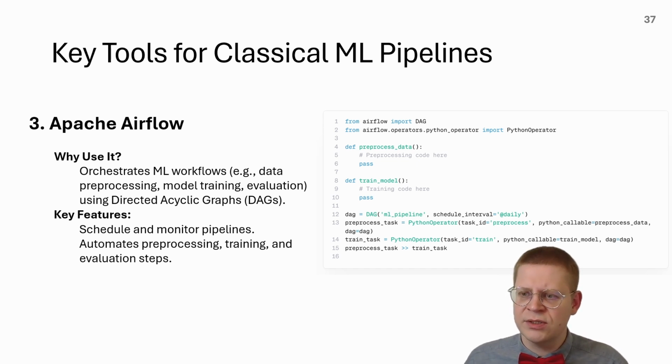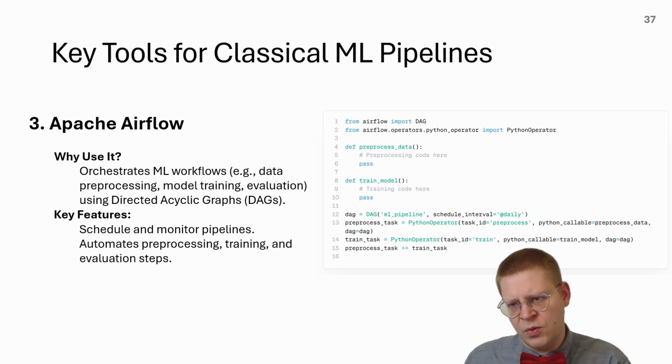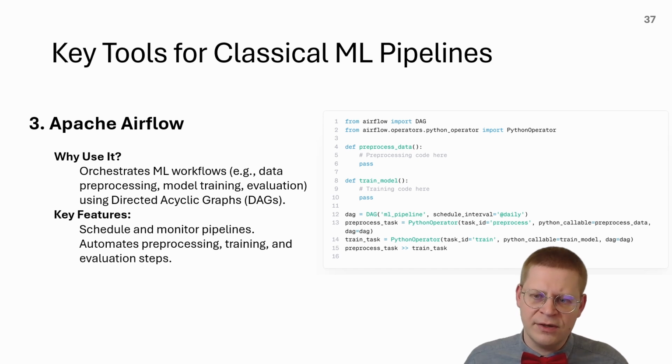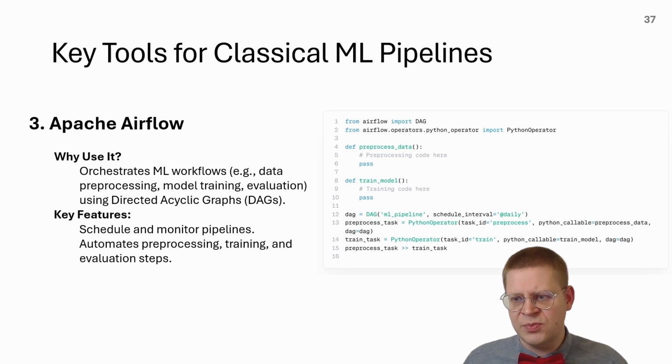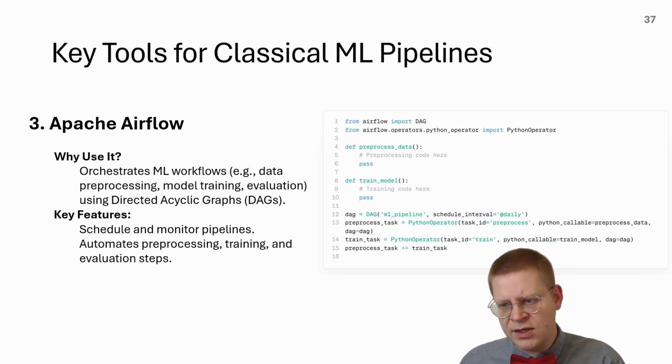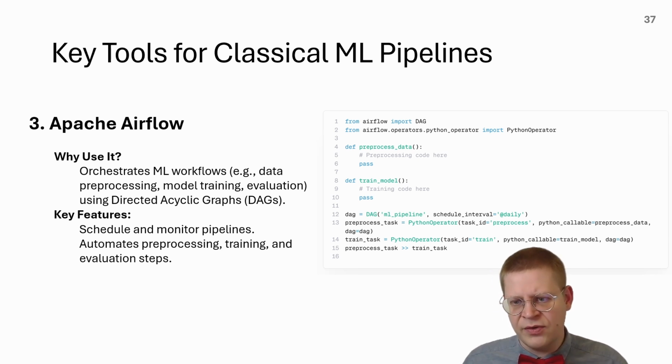This automation is especially helpful in production environments, where you want to update your model or rerun data preprocessing regularly. In short, Airflow is the glue that ties all your ML tasks together. It ensures each piece of your pipeline runs in the right order, on the right schedule, with robust error handling. This is great for large-scale ML projects where a single script or notebook just isn't enough.